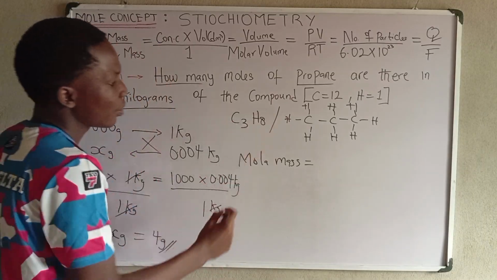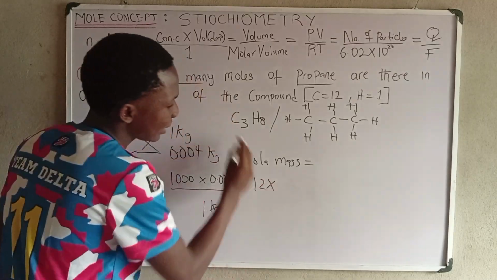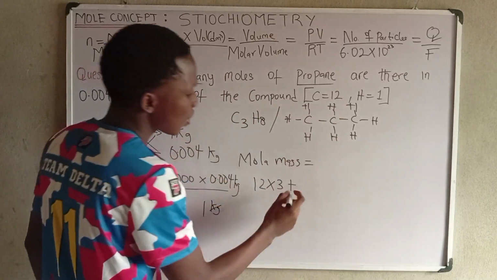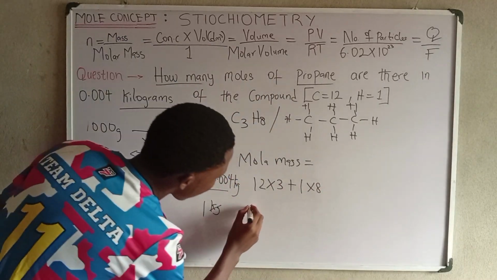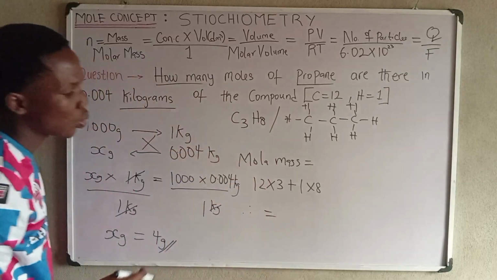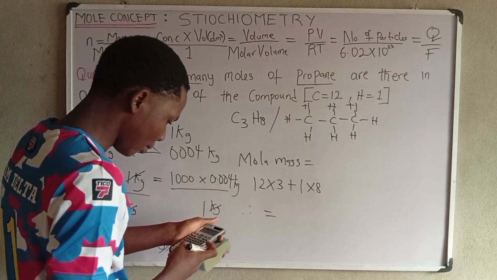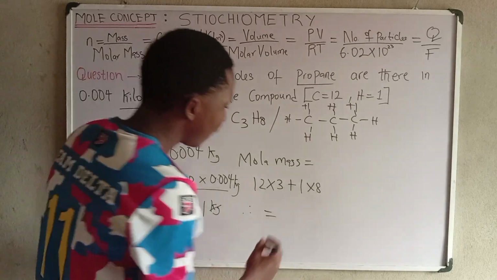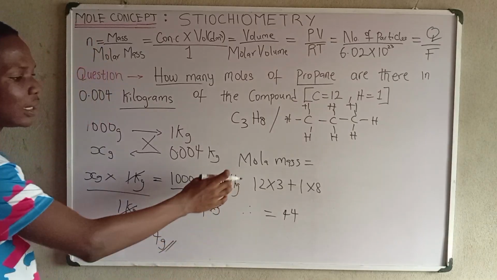We have 3 carbons, so we can say 12 multiplied by 3 plus hydrogen. Hydrogen is 1. We can just say 1 times 8. Therefore, our molar mass is equal to what? 12 multiplied by 3 plus 1 times 8 will give us 44. Now, it's not just 44.